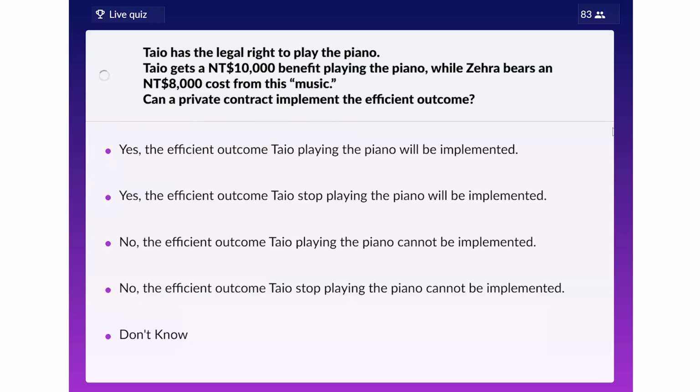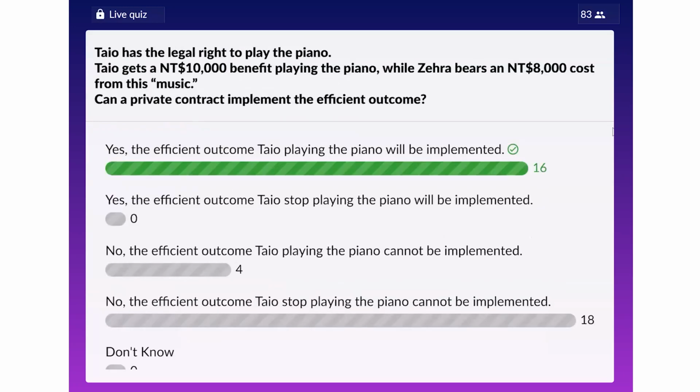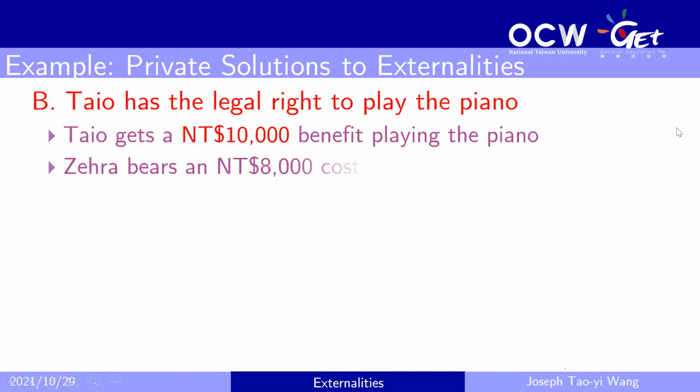All right, let's look at your answers. The majority of you said no, Tao stopping playing the piano cannot be implemented. But the answer is actually the second most frequent choice: yes, the efficient outcome, Tao playing the piano, will be implemented. Here, Tao has the legal right to play the piano, gets a $10,000 benefit, and Zara bears an $8,000 cost.